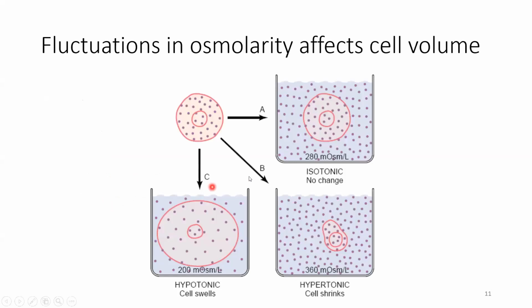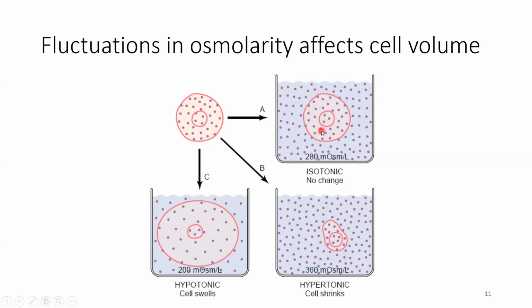Okay, so this is the first slide which forms the basis of your concept here. We take a cell, very simply, and we place it in an isotonic fluid. You will see that the cell will not change in any way or form. Why? Because it is surrounded by fluid which is exactly similar to the fluid inside.